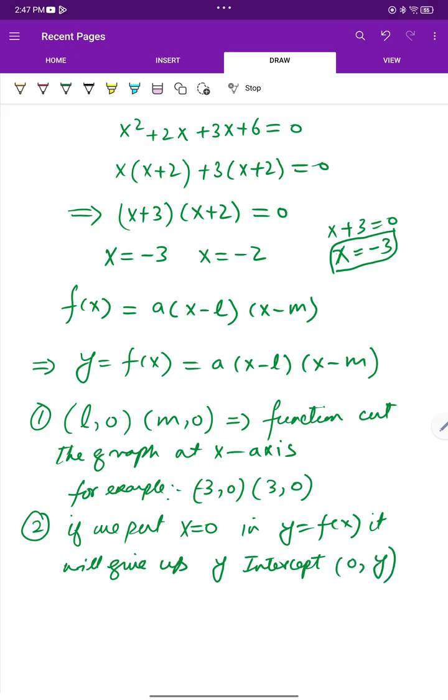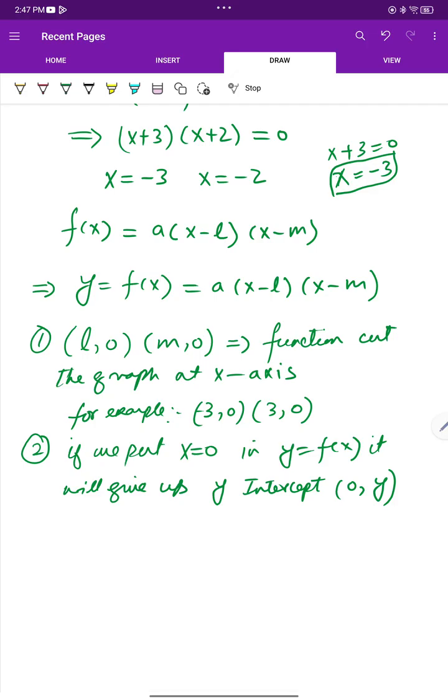It will give us the value of y at which the graph cuts the y-axis. That's the second condition when you are going to find the equation from the graph.